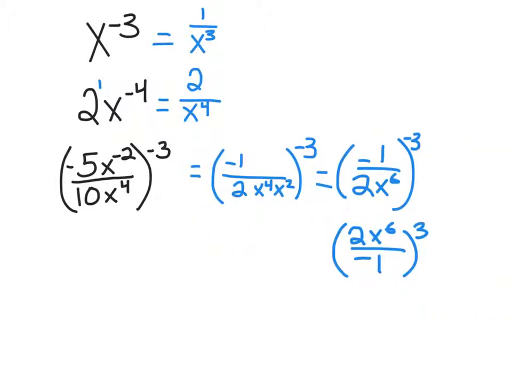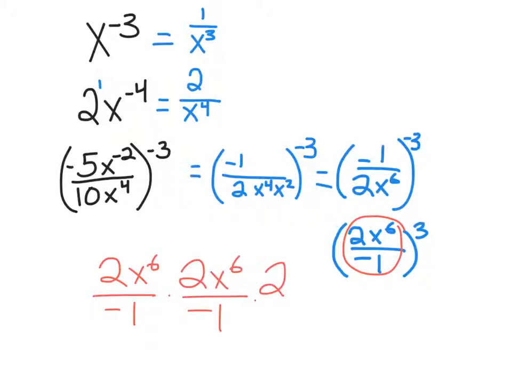Now because I have a 3 on the outside, that means that I'm going to have 3 groups of this entire inside expression here. At this point you can probably do this without writing it out, but I'm going to write it out anyway. I have 2x to the 6th over negative 1 times 2x to the 6th over negative 1 times 2x to the 6th over negative 1.